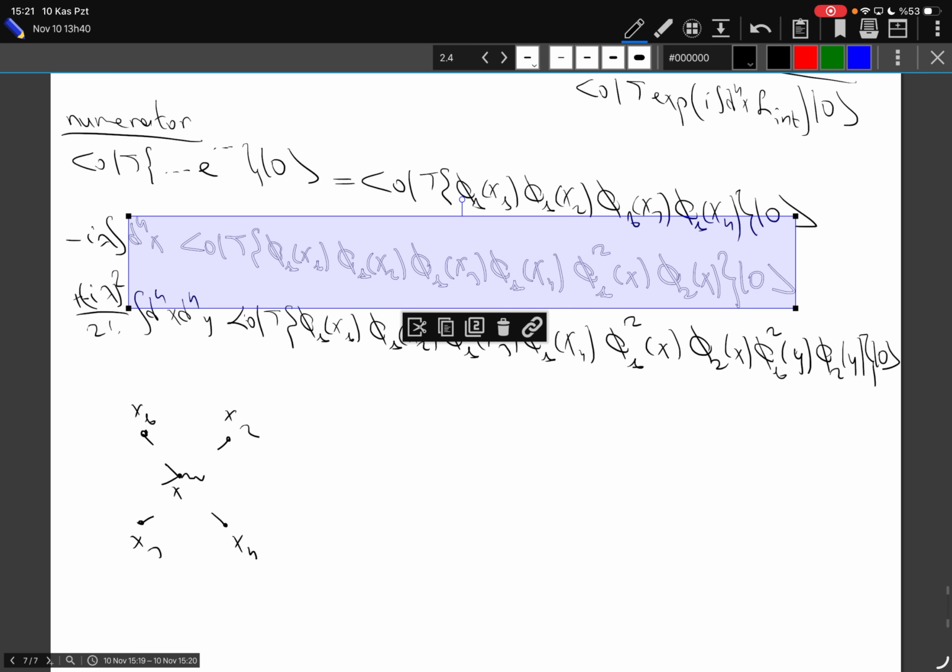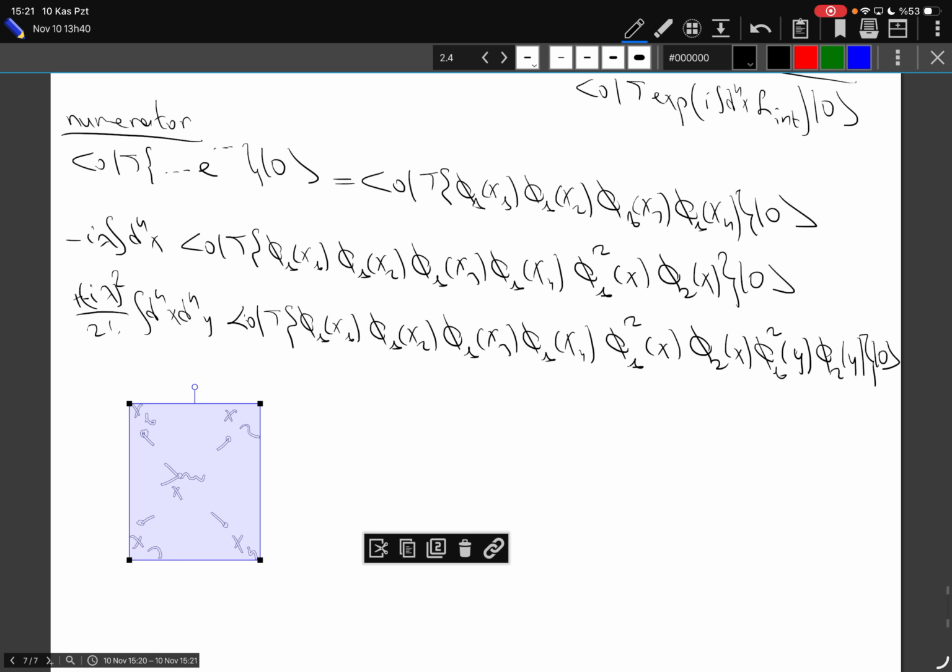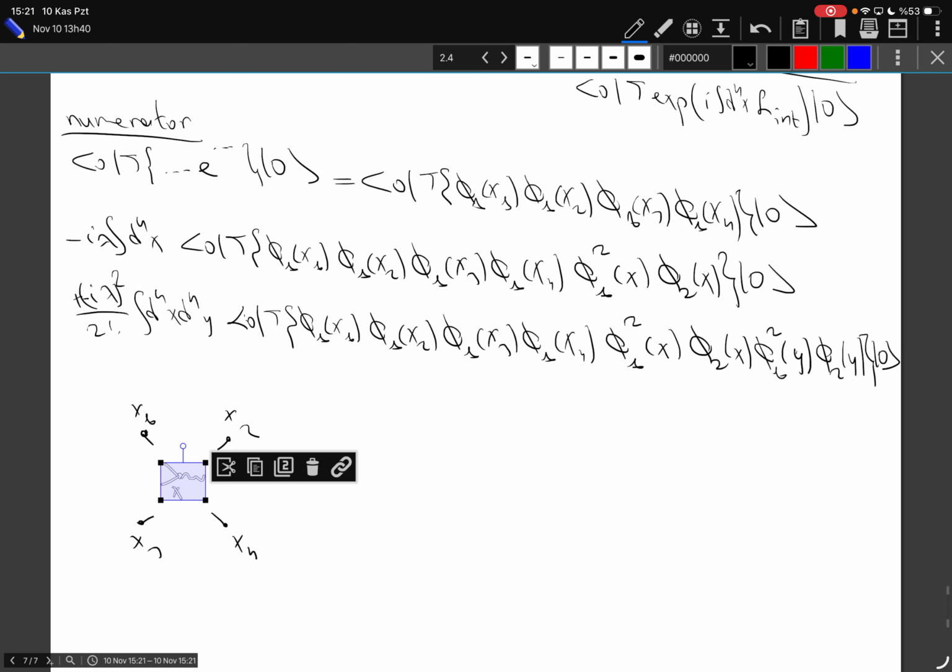I'm just drawing it as a picture. This part over here basically tells me that I have phi 1 of x squared, phi 2 of x. They are at the point x. This point over here tells me that I have phi 1 of x1.